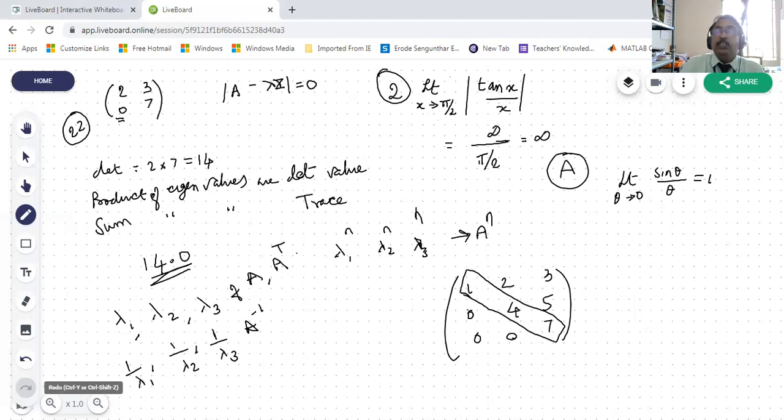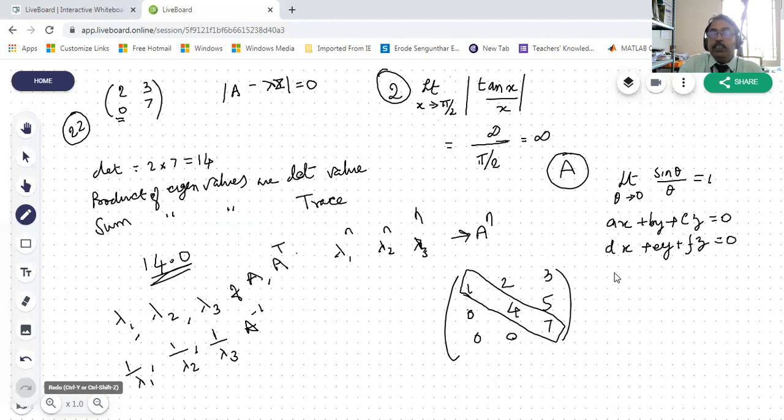So ax plus by plus cz is equal to 0. Likewise, dx plus ey plus fz is equal to 0.